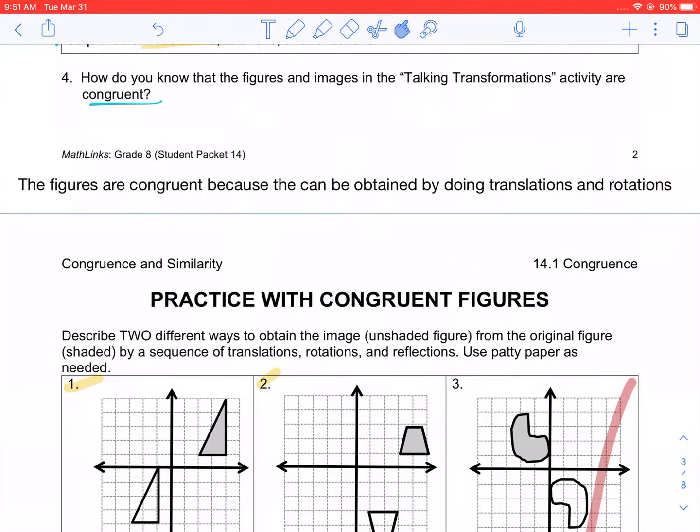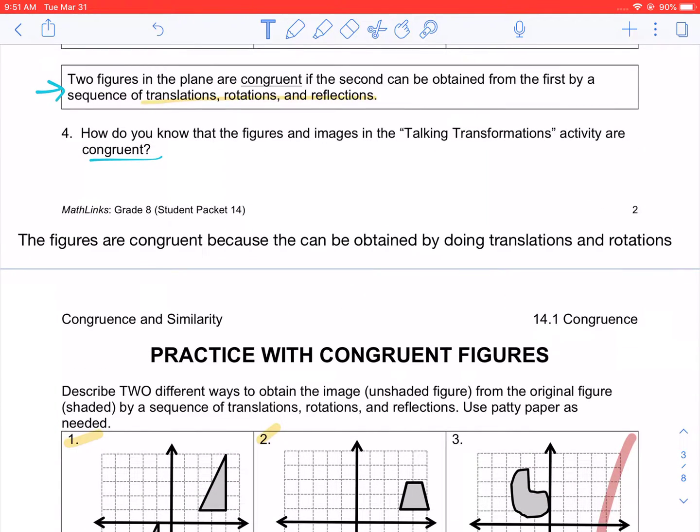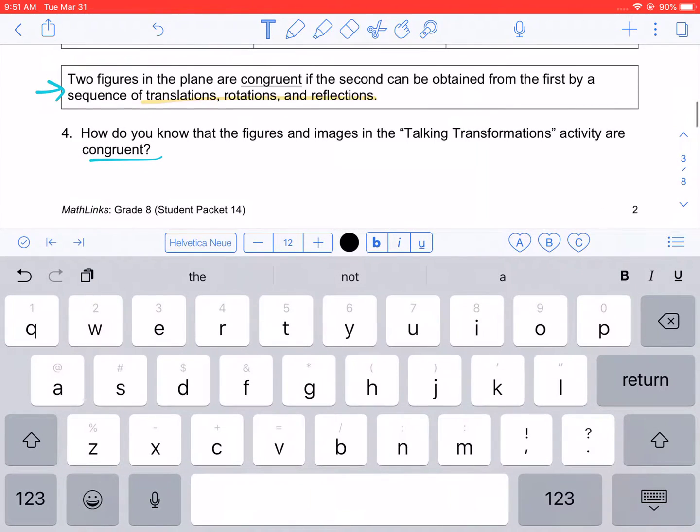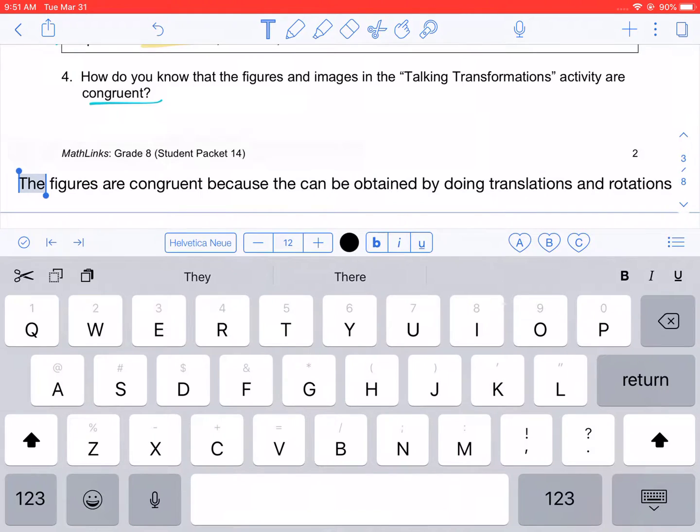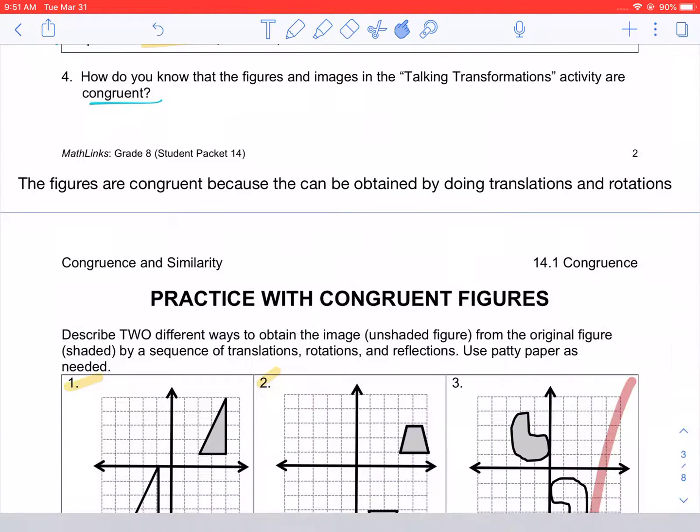Remember we mentioned this before. We barely talked about it, but we mentioned that two figures are congruent, and it was in your vocabulary.